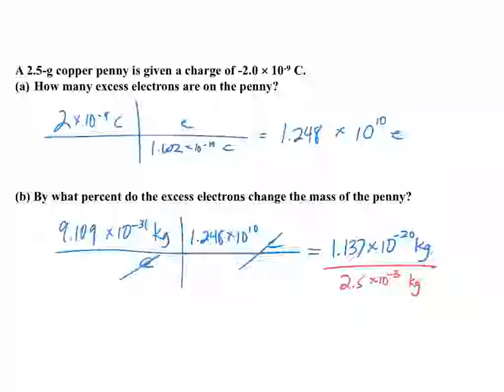So those units are going to drop out, and we'll have a number, let's see, 4.548 times 10 to the minus 18, and that means you would equal 4.548 times 10 to the minus 16%.